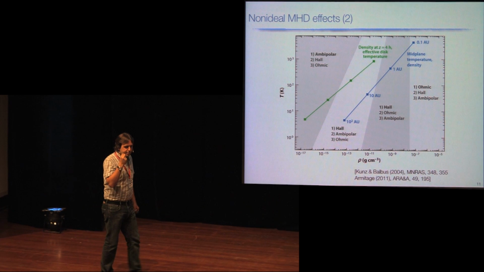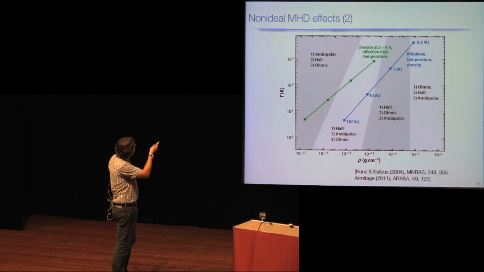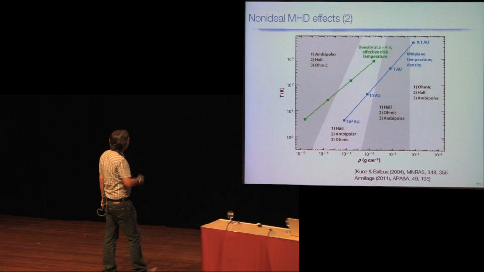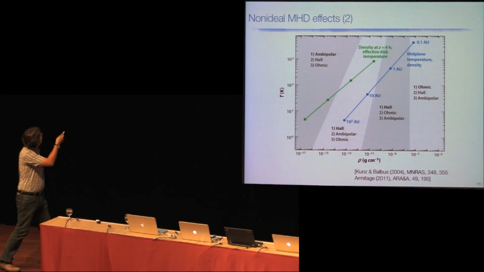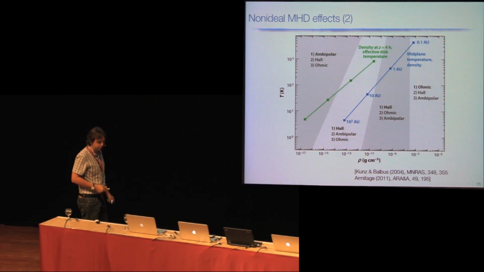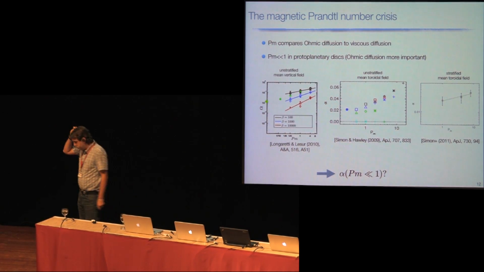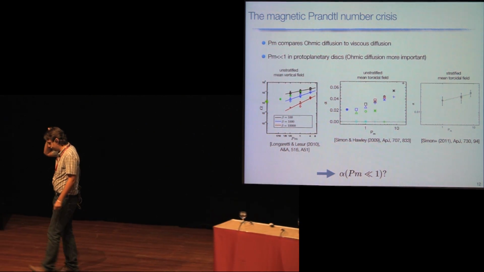So those are the two main messages from this plot: ohmic diffusion in the inner region, and then Hall and ambipolar diffusion. First, I'm going to concentrate on this inner region, which is dominated by ohmic diffusion. In this region, we already have a problem, which is called the Prandtl number crisis.